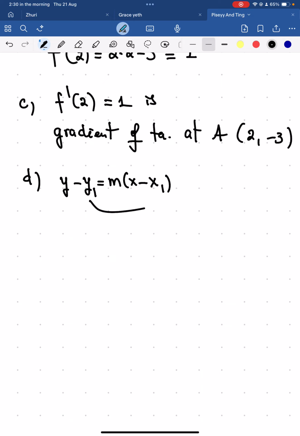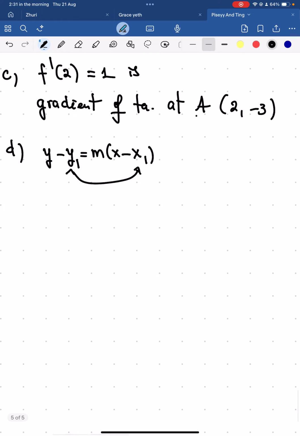And x1 and y1 represent the coordinates of any point that the line passes through. We know that the tangent contains A and also has slope 1. So x1 equal 2 and y1 equal -3. You understand what I'm saying?